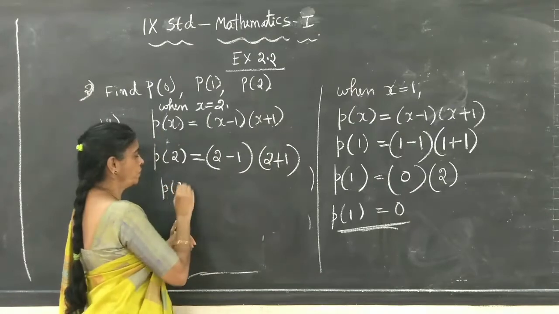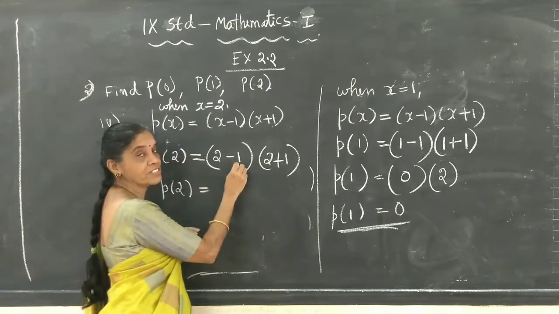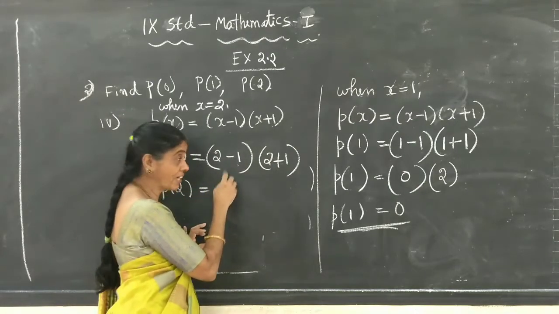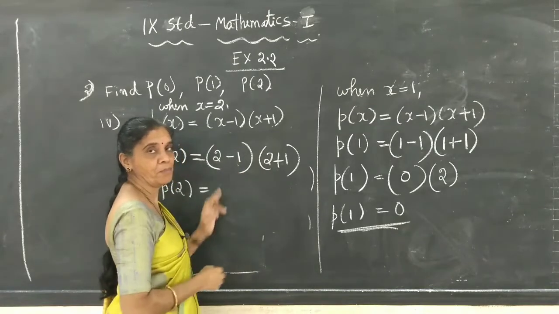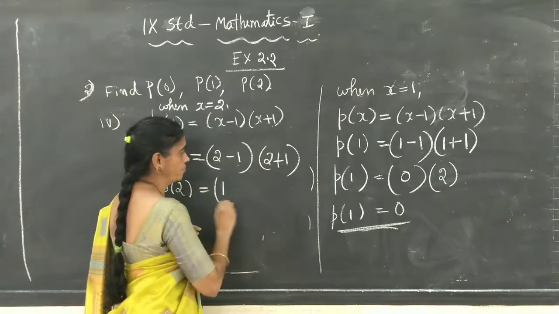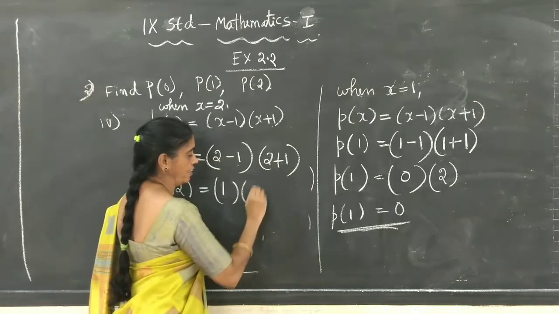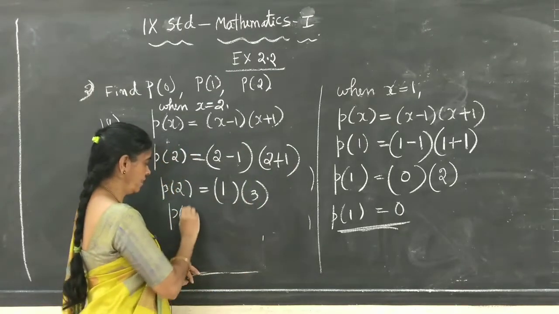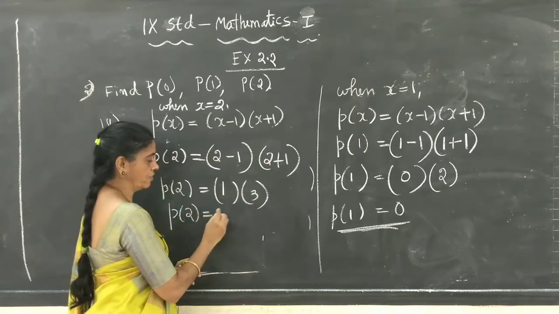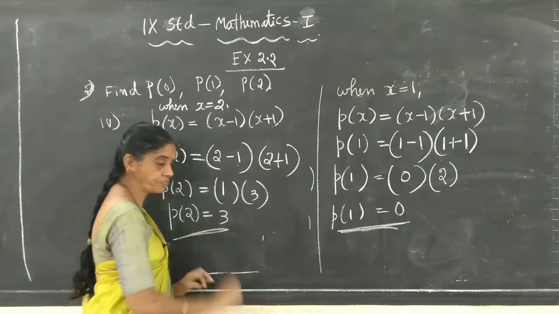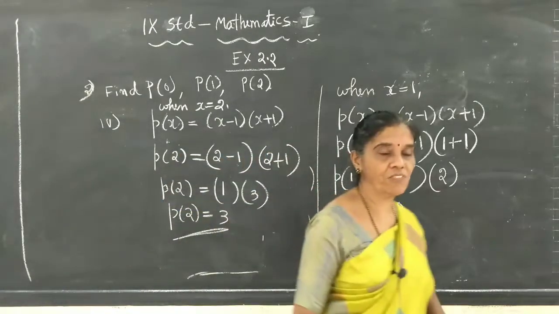So find the value. 2 minus 1 is a bigger number minus a smaller number, so positive, not negative. So plus 1 will come. 2 plus 1 is 3. 1 into 3 is 3. So that is the value of the polynomial.